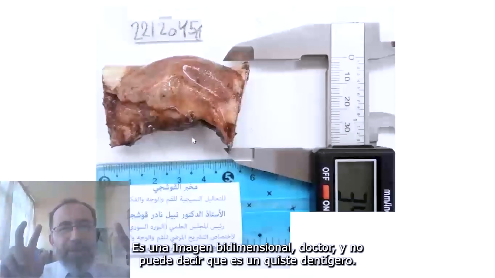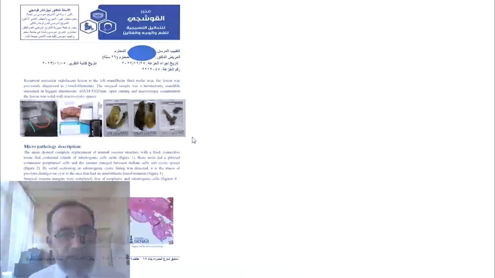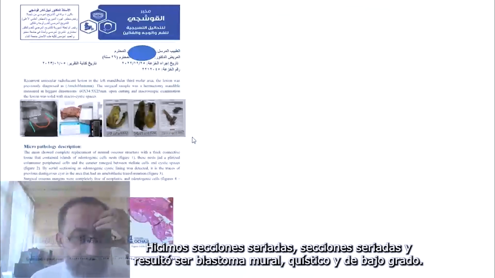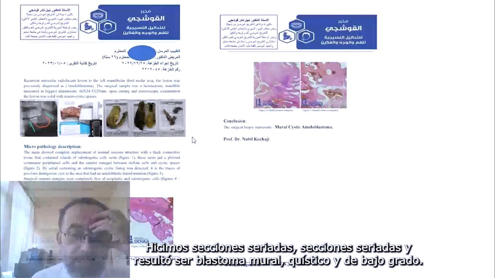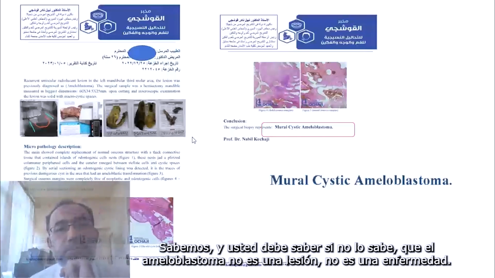That's a two-dimensional image, my doctor, and you may not say it's a dangerous cyst. We made serial sections, and it turned out to be mural cystic ameloblastoma. And we know, and you should know if you don't know, that ameloblastoma is not one lesion, it's not one disease.